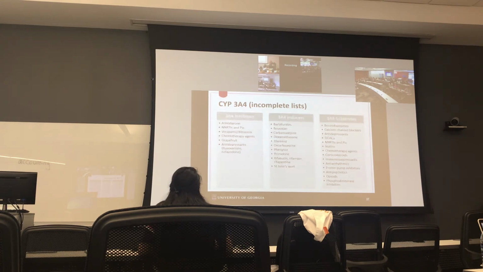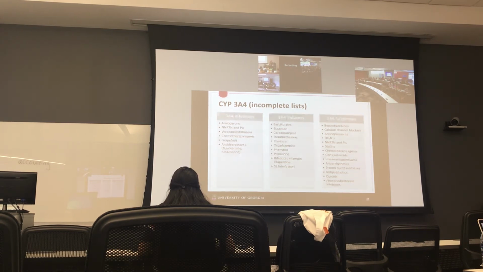We've talked previously about different 3A4 inhibitors, inducers, and substrates. This is not a complete list, but I wanted to at least provide you with a partial list of some of the more common agents that you'll see here, because we've talked about these interactions so frequently. So our 3A4 substrates, we have to worry about all those inhibitors on the previous slide. Ones that you'll see frequently are calcium channel blockers. Now remember that verapamil and diltiazem are 3A4 inhibitors.